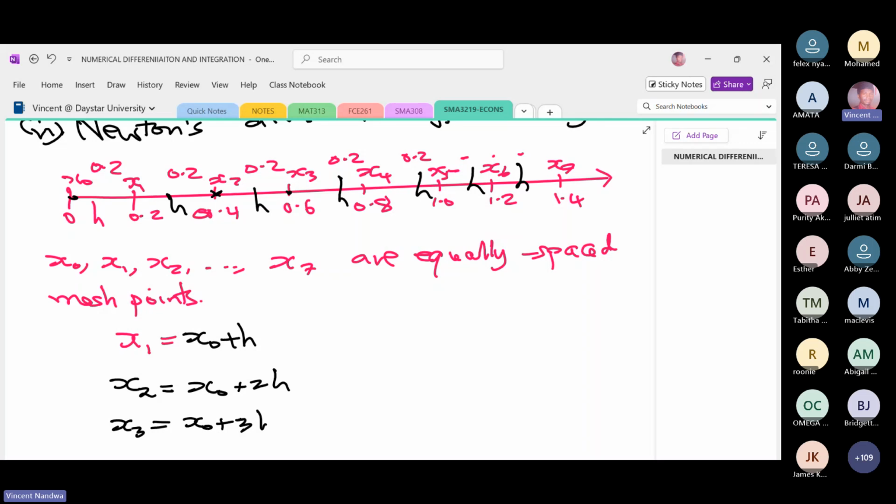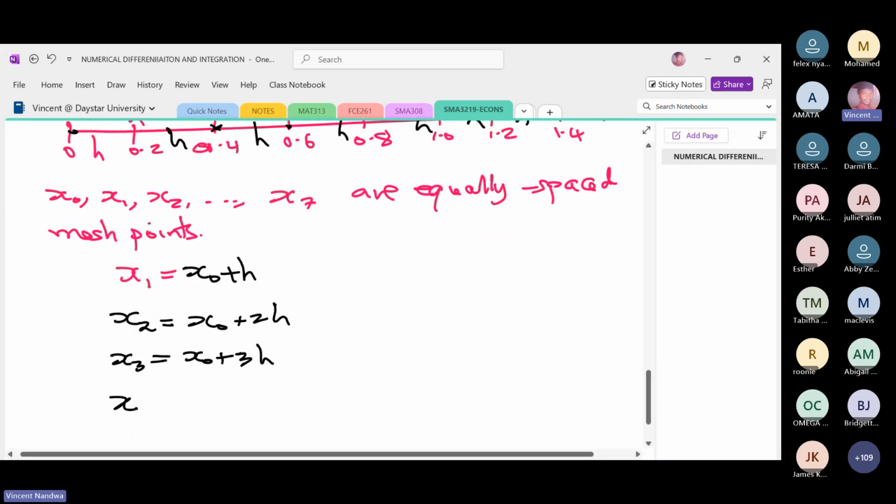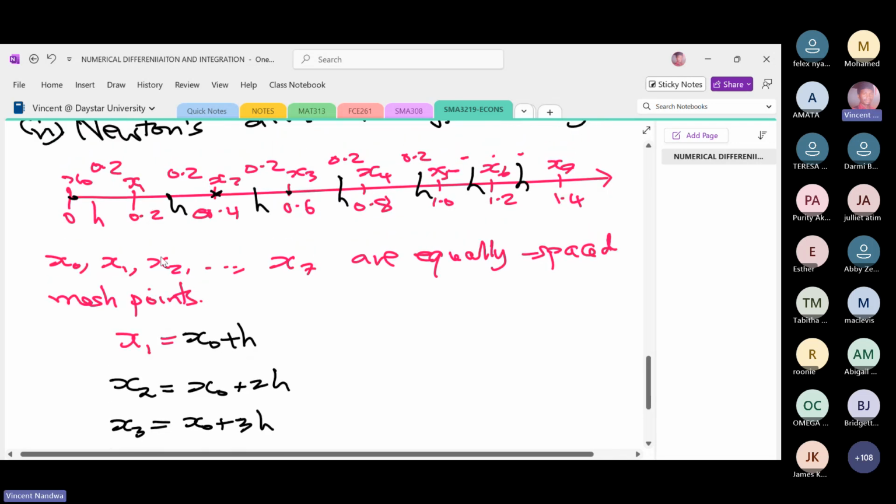Then similarly, x4 from x0 will be x0 plus the number of steps I need to move from this point to this point, x4. 4h, correct.